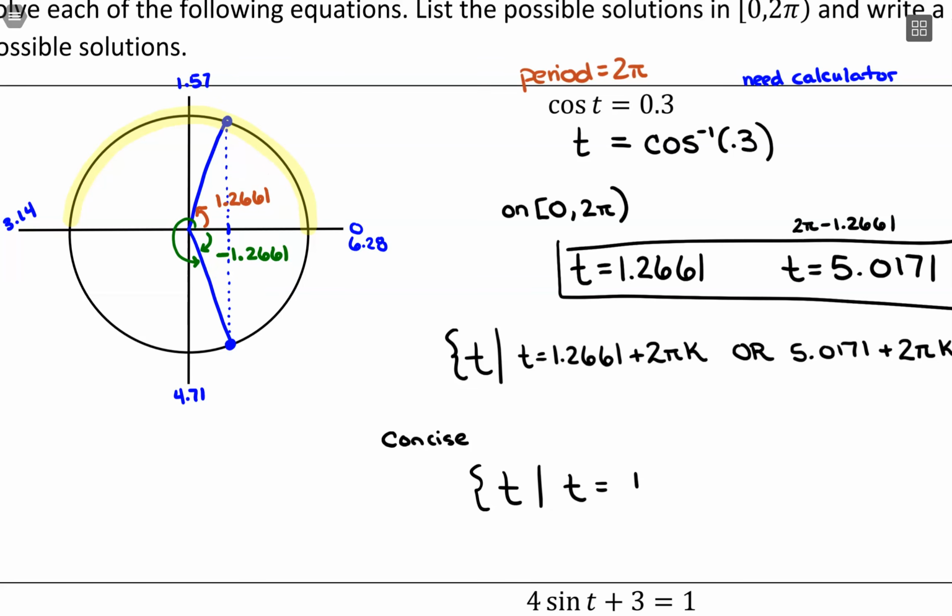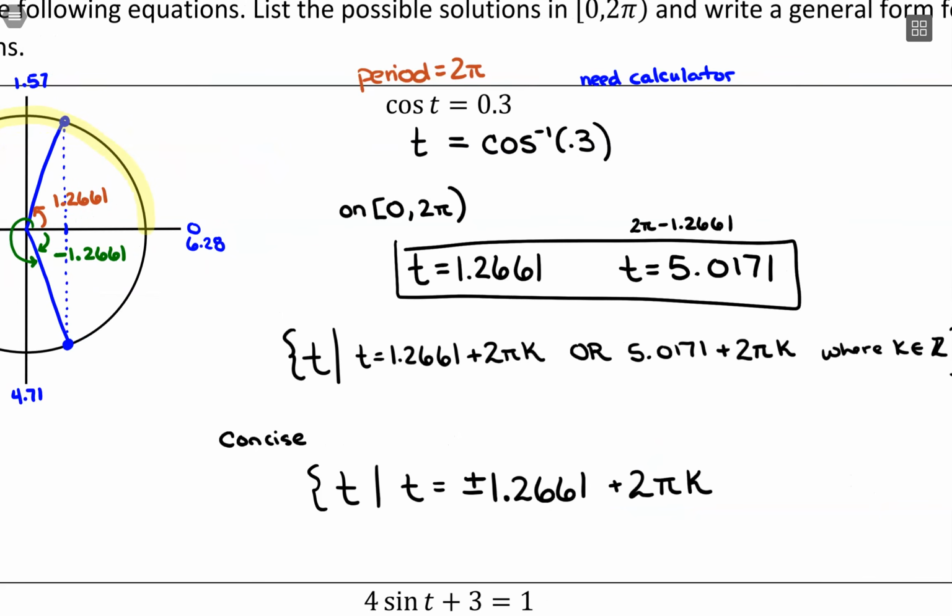So we could write this as plus or minus 1.2661 plus any increment of 2 pi k. So we have this kind of short way of writing our angle there, and it's because we have the positive version and negative version. Now we couldn't have done that in the last video, but in these cases where we're symmetric across the x-axis, we can have this shortened form and just can be a bit easier.